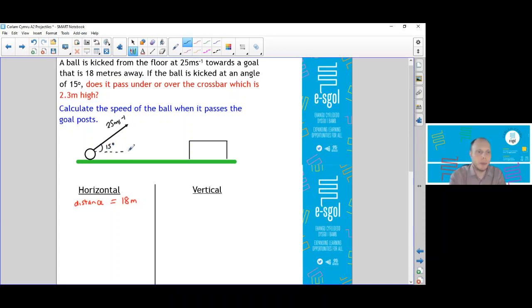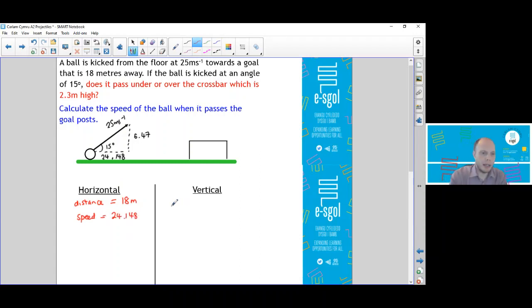So if I put my triangle in there, we've got 25 sine 15, which is 6.47 vertically, and we've got 25 cos 15, which is 24.148.